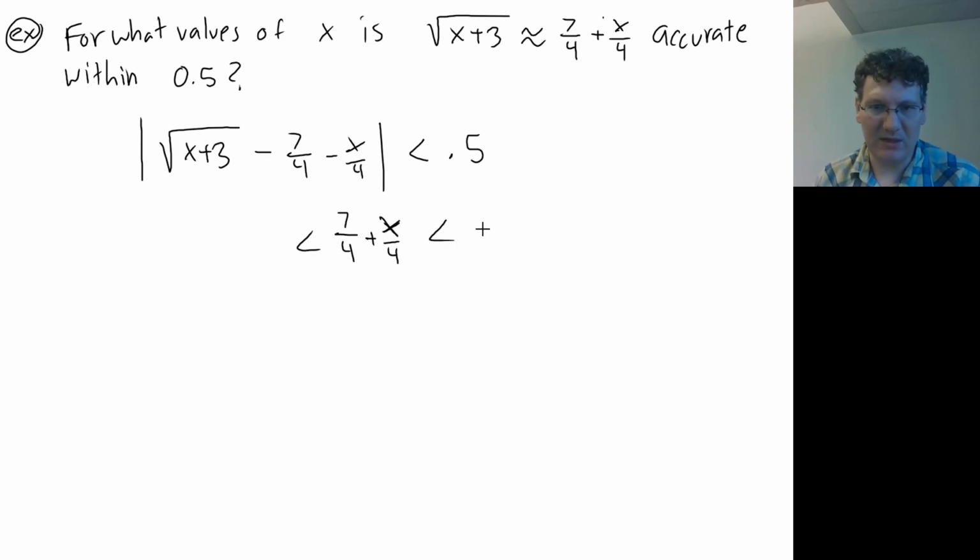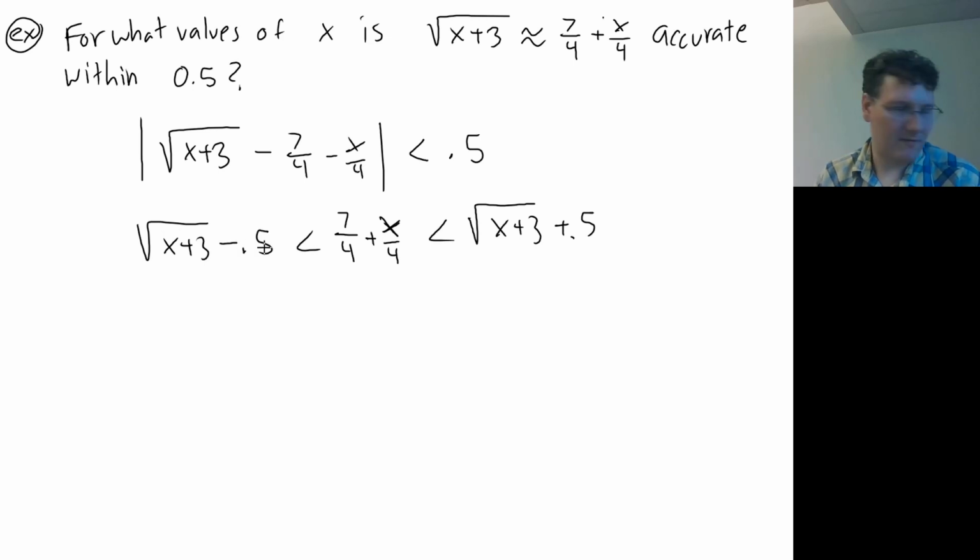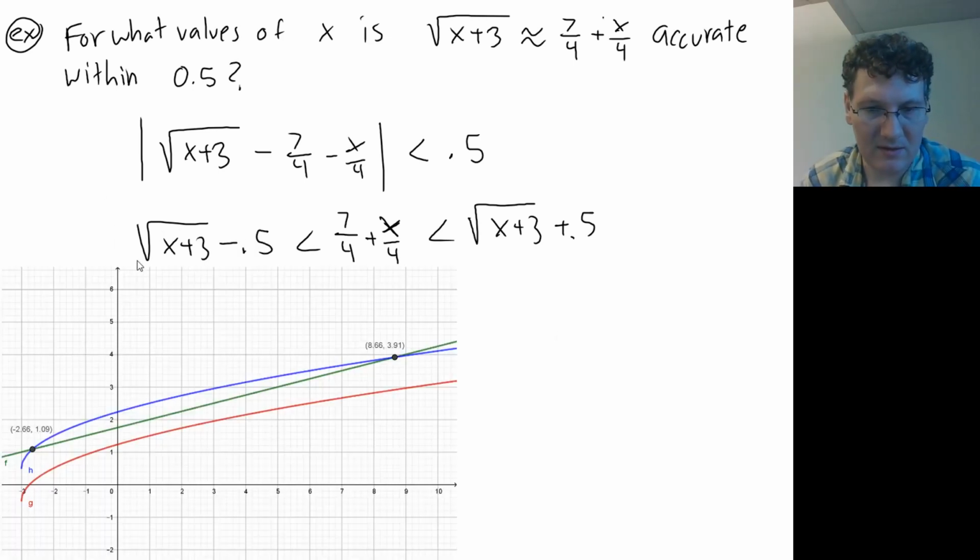When is that between square root of x plus 3 plus 0.5 and square root of x plus 3 minus 0.5? If we graph out this inequality, we can see that it is true anywhere between this value here and this value on the x-axis.